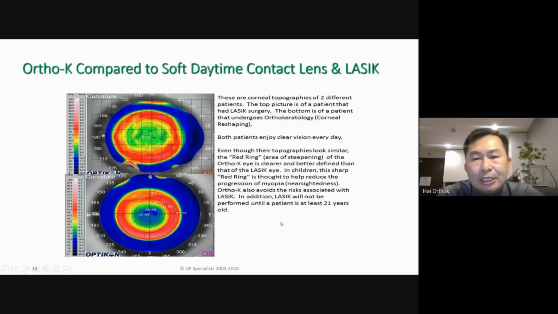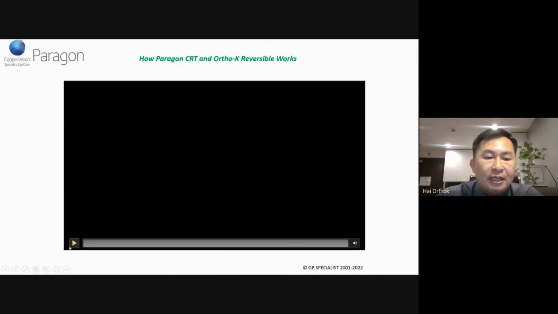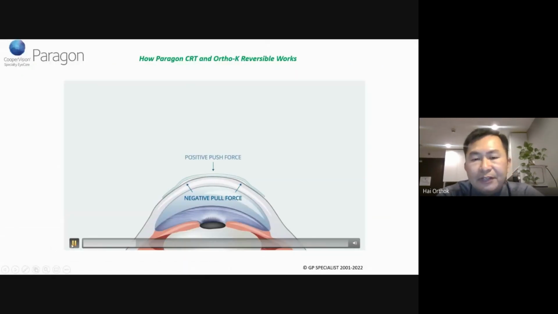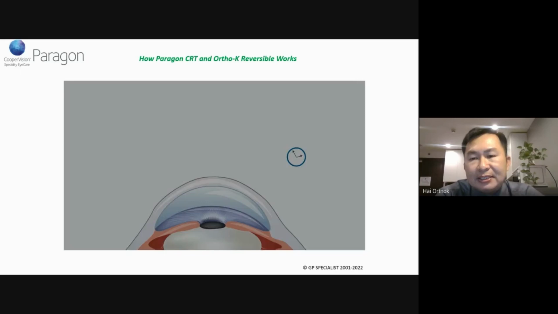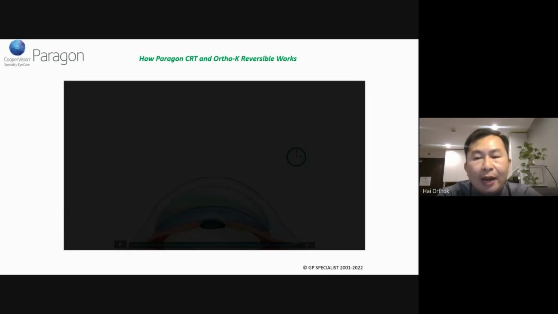Compared to LASIK surgery, Ortho-K is good because of its reversible condition. We can see in the video that when we release the lens within 24 to 72 hours, the corneal power comes back. Because of that, it's a very good technology to stop progressive myopia in children.